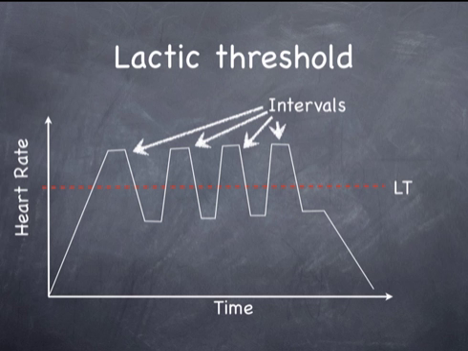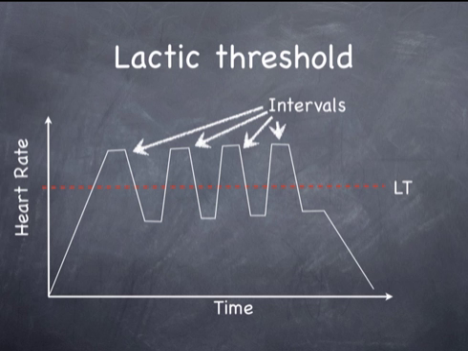Now, physiologically, what's happening is you're giving your body that stimulus. You're creating an overload where your body is exposed to increasing levels of lactic acid. And when that happens, you're not holding it there for too long, so it's only a short while, but you're still giving it that exposure.